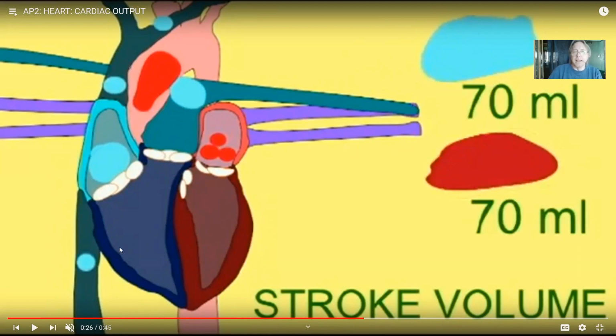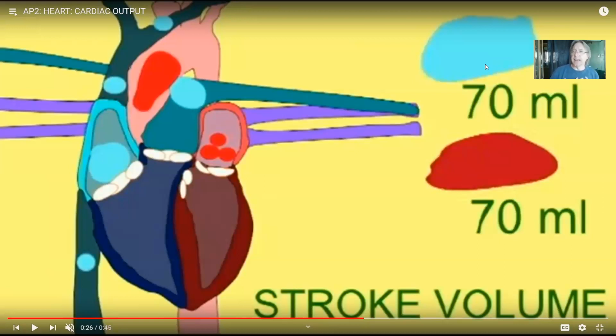Also, I just think it's significant here, because obviously we're going to be talking about the respiratory system soon, that the amount of blood that the left ventricle is pumping to the whole body, to the brain and back, to the arm and back, to the hand and back, to the digestive system, the leg, etc., is about 70 milliliters of blood per heartbeat. The amount of blood that leaves the right ventricle is 70 milliliters of blood, the same amount.